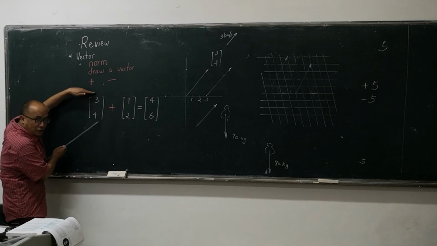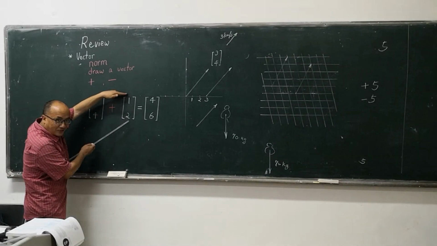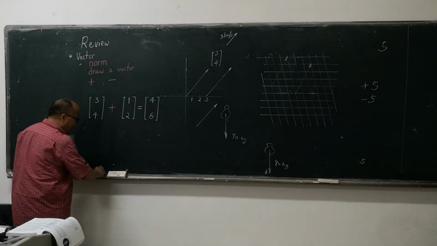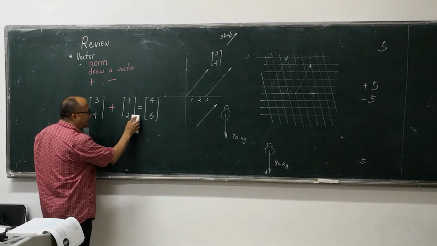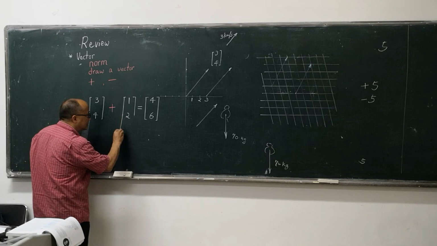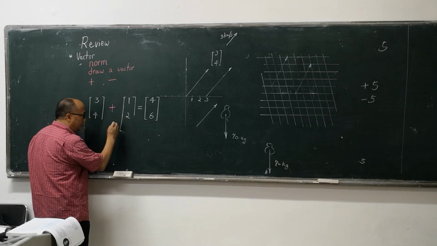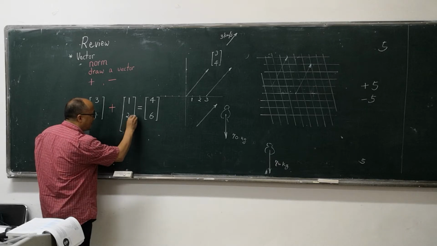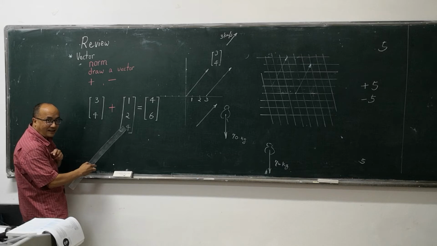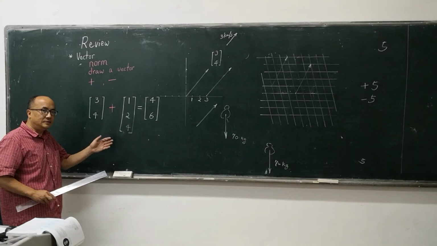This is a two-dimension vector. This is a two-dimension vector, okay? And the result is a two-dimension vector. There's no such thing as a 3-dimension plus a 2-dimension. This vector plus this vector is not right.